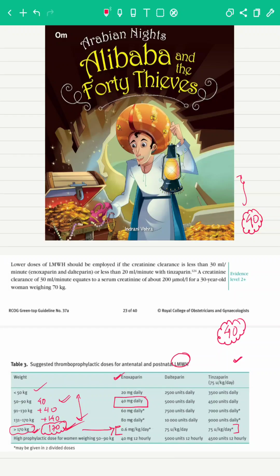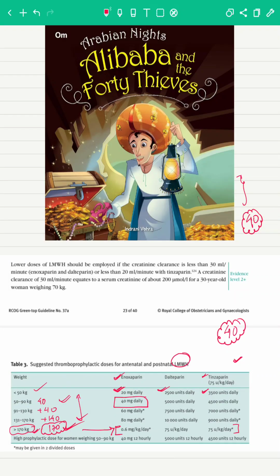Now suppose the first value for Enoxaparin is 20, Dalteparin is 2500, and Tinzaparin is 3500. Now for Enoxaparin it's very easy.